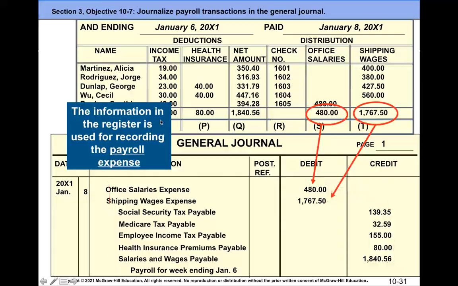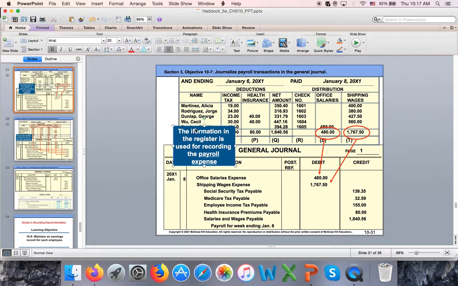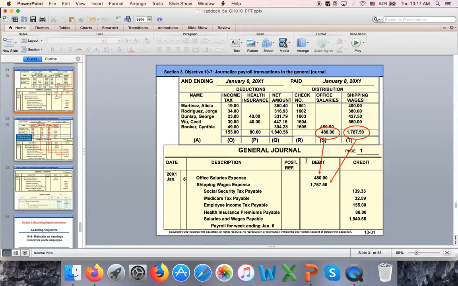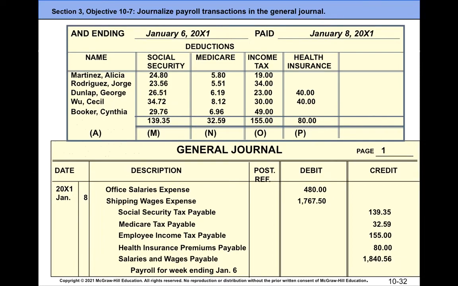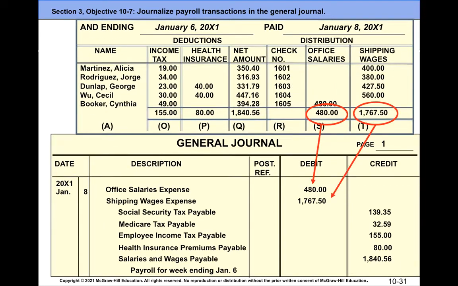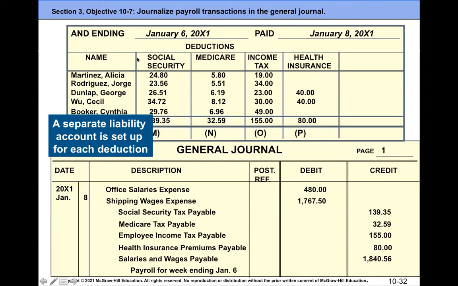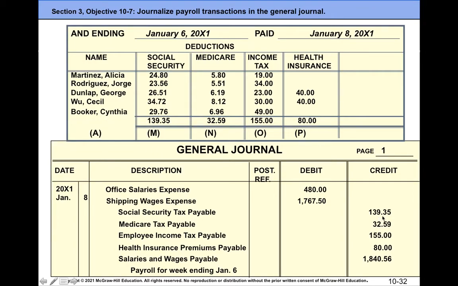This $155 comes from right here, income tax. And guys, 3259 and 139.35, there are 2 previous columns not shown here. Here they are. 139 goes here, 3259 goes here.